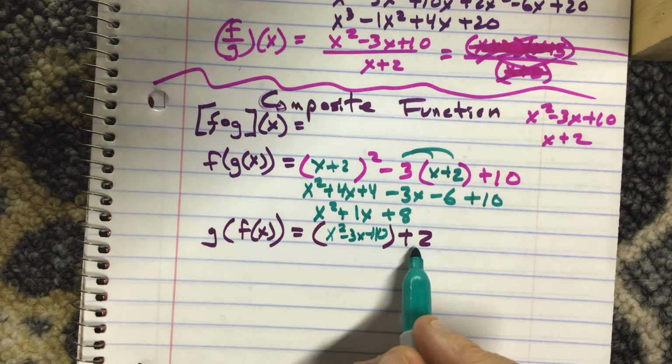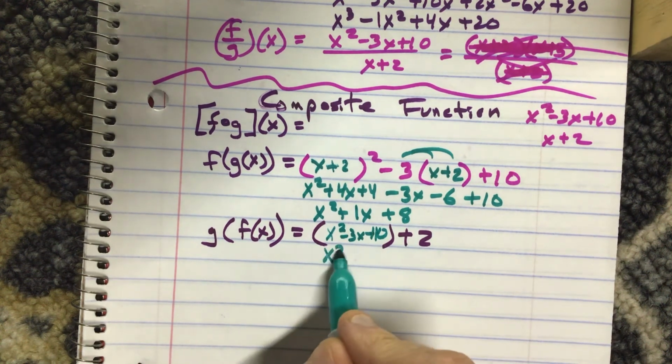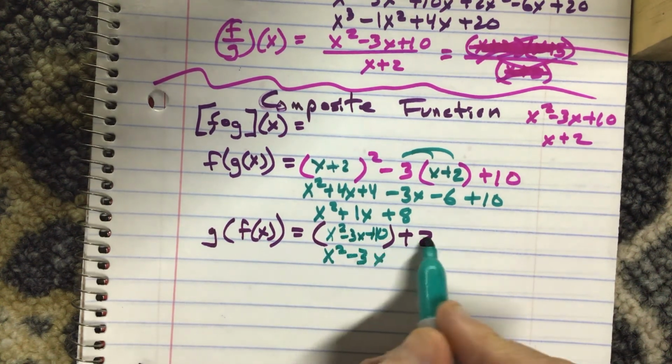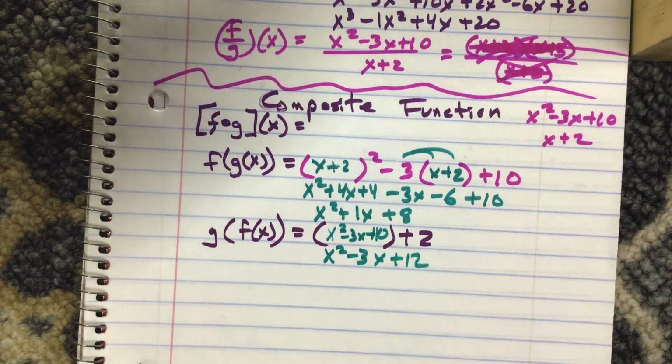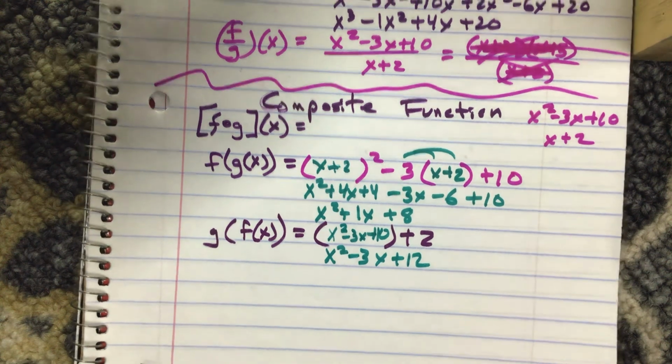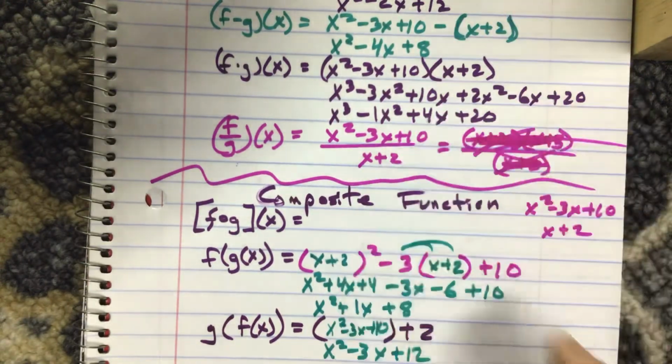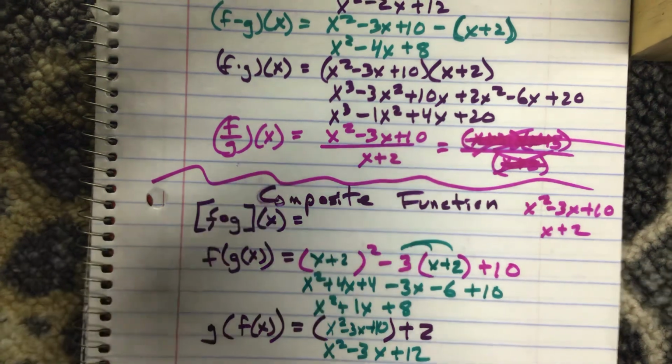And this is much simpler because all you're really doing is saying x squared minus 3x, 10 and 2 is 12, and you're done. And that's a composite function. F of g of x, g of f of x. So we've got operations, adding, subtracting, multiplying, and dividing, and you've got composition of functions, and then just plugging numbers into functions. And that's function notation.